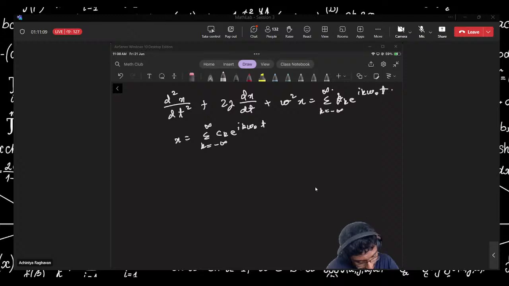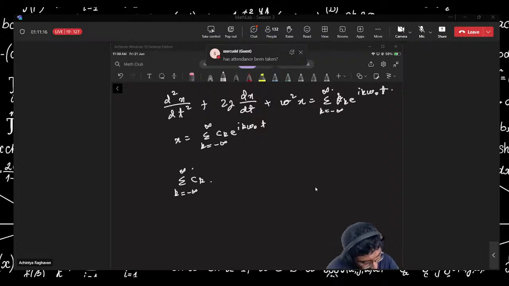And if you differentiate, we can take the derivative inside the summation. ck is not affected by the derivative, and only e power ik omega naught t will be affected.